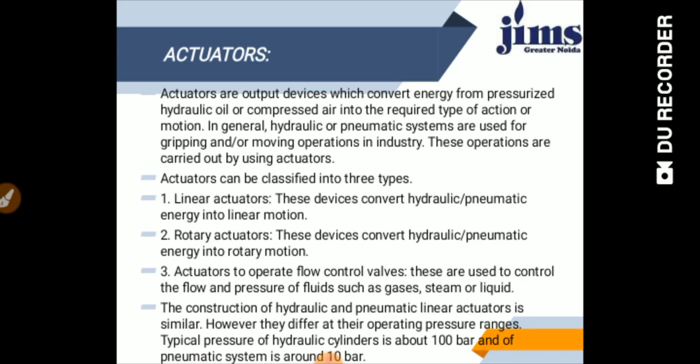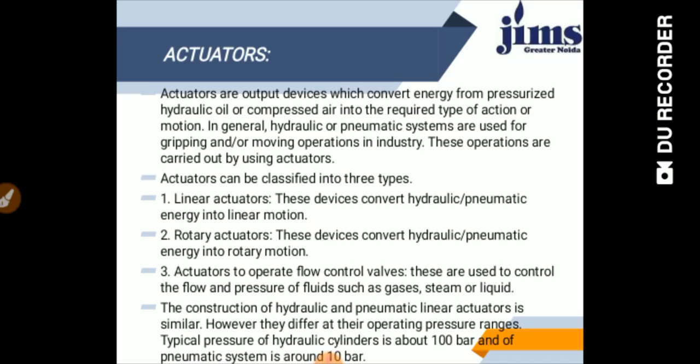In general, hydraulic or pneumatic systems are used for gripping or moving operations in industries, and these operations are carried out by using actuators. Actuators are classified into three types: linear actuator, rotary actuator, and the actuator to operate flow control valves.